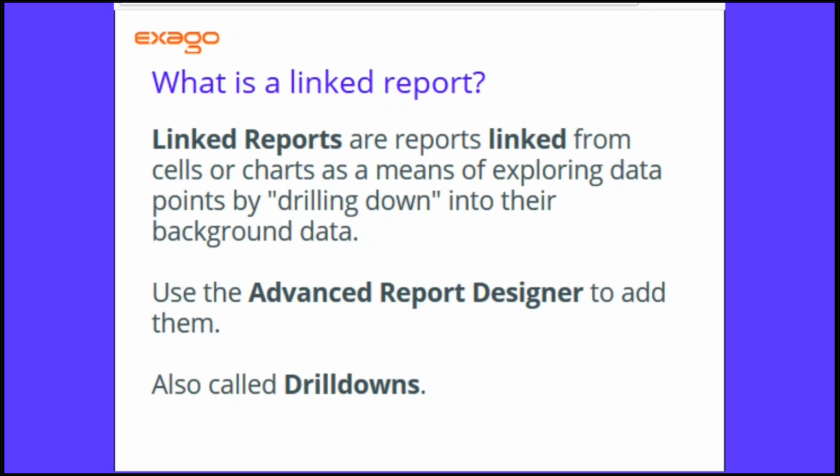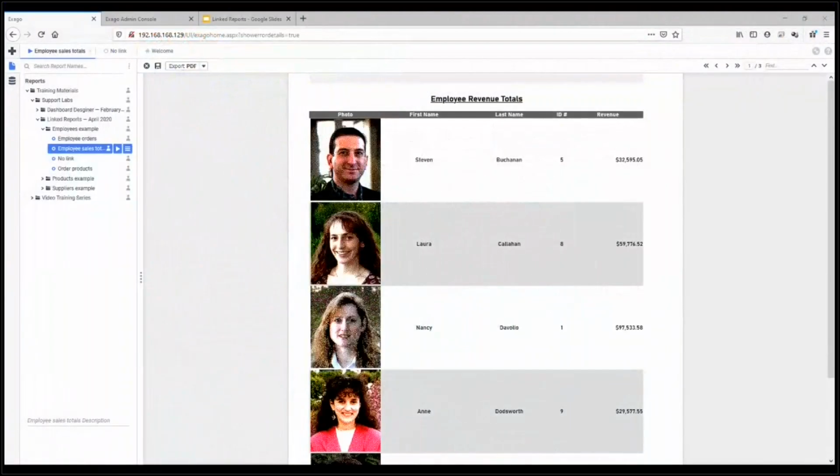Well, if a picture is worth 1,000 words, then a live video experience with a product expert must be worth 1,000,000,000 words. So let's take a look. We'll switch into Exago, and we're looking at a report that shows each employee in the Northwind Trading Company and their total sales revenue.